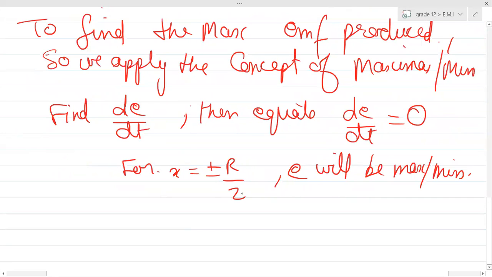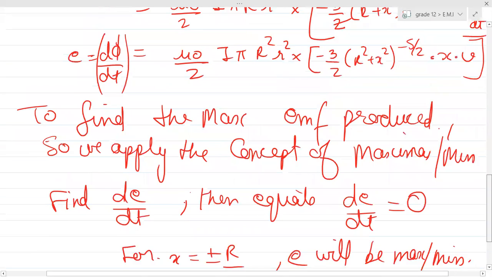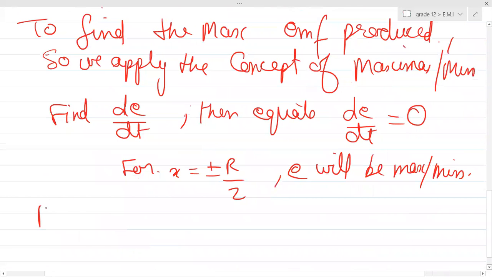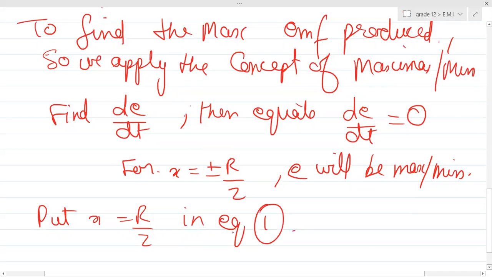And basically you'll put this x equals to r by 2 in the E formula. I'm leaving this process to you people.